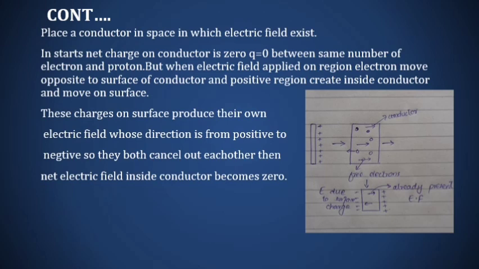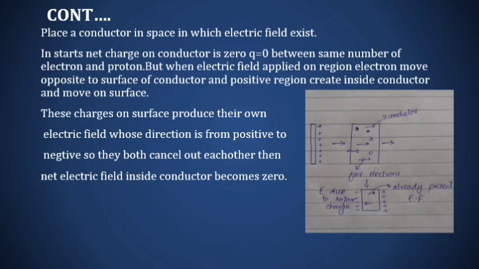If we place a conductor in a space in which electric field exists, that means we are considering a conductor in an external electric field, and the net charge on the conductor is 0, because in start number of electrons and protons are equal.